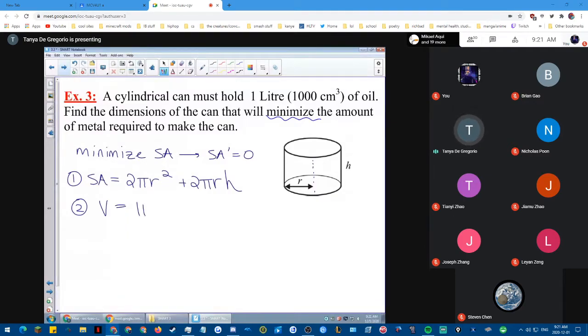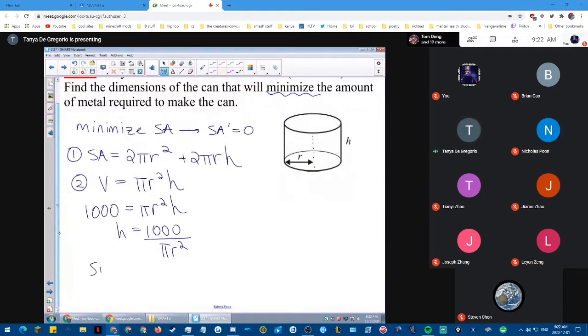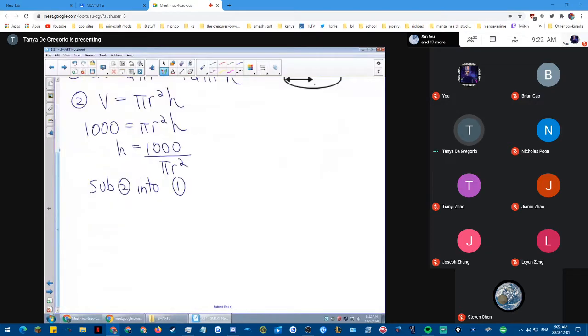So the volume is area of the base times height. Well, my base is a circle. It's pi r squared. And we know that it must equal 1,000 centimeters cubed. And now I'm going to solve for h. Now that I know h, I sub it back into my first equation and I take the derivative.